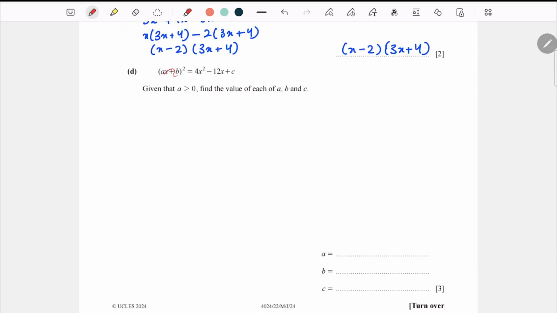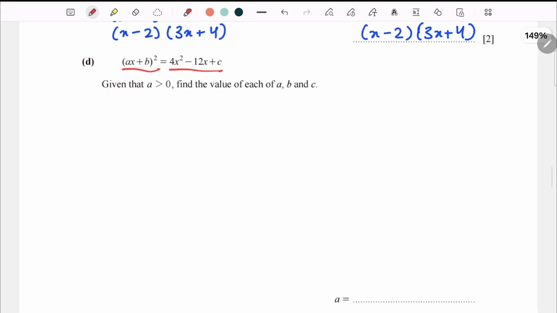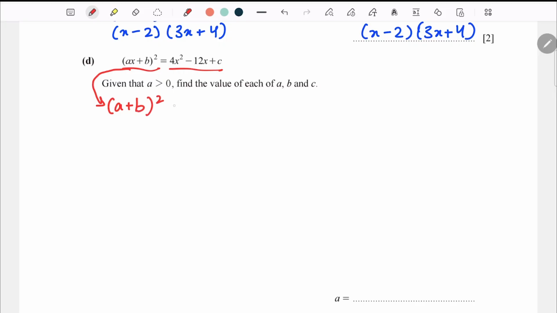Part D, ax plus b whole square is equal to 4x square minus 12x plus c. Given that a is greater than 0, find the value of a, b and c. I'll solve this by comparing the coefficients. First I'm going to expand this bracket using the formula a plus b whole square equals a square plus 2ab plus b square.